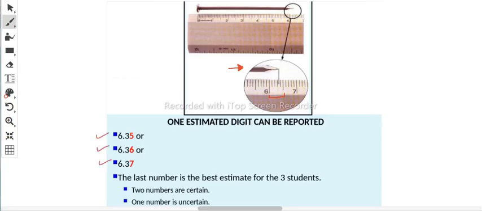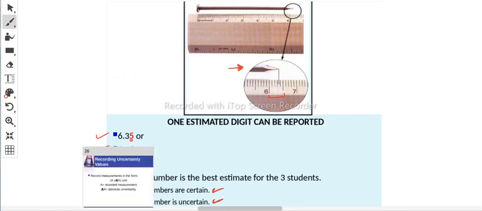Maybe I can read it as 6.35 in the middle exactly, or as 6.36, or even 6.37, or perhaps another student may tell me this is 6.34. Each time the last decimal is considered the uncertainty reading, which is the inexact number. So two numbers are certain, they are exact, and one number is considered inexact right here.